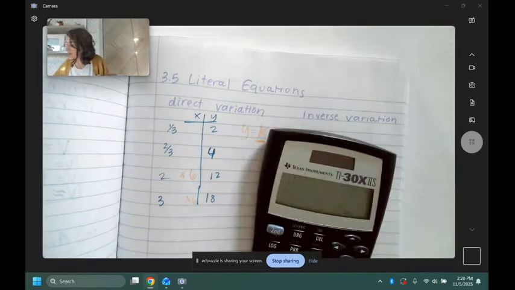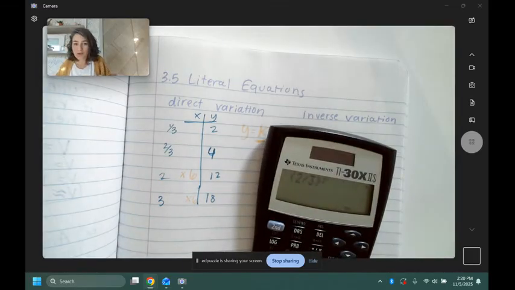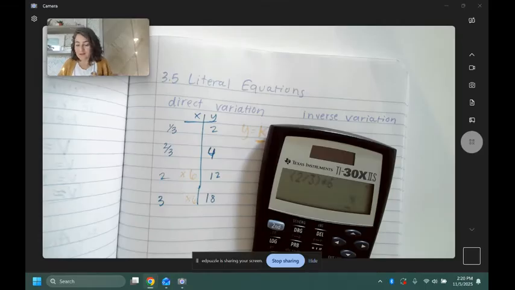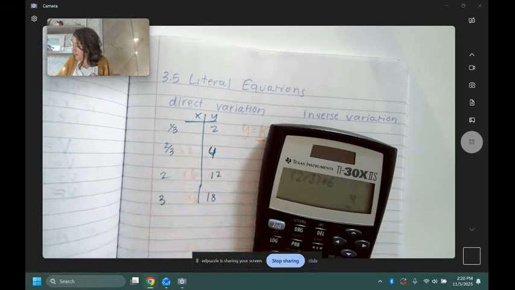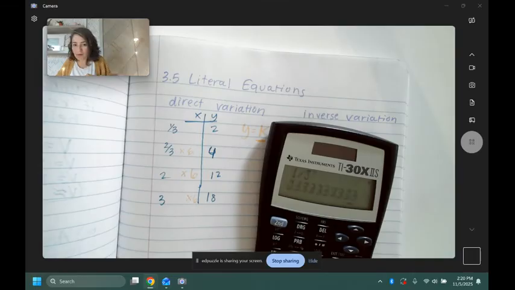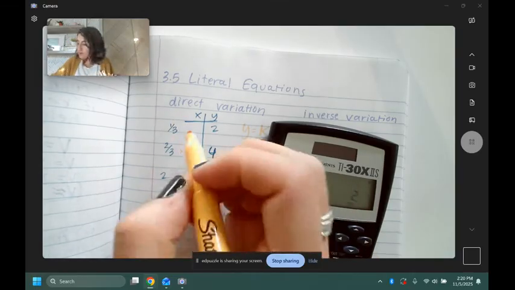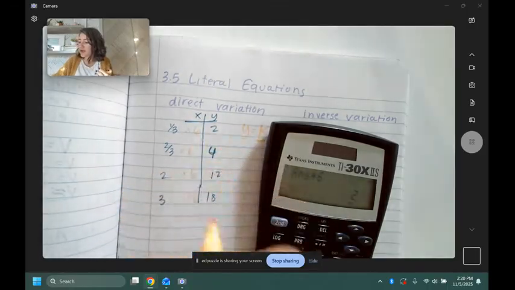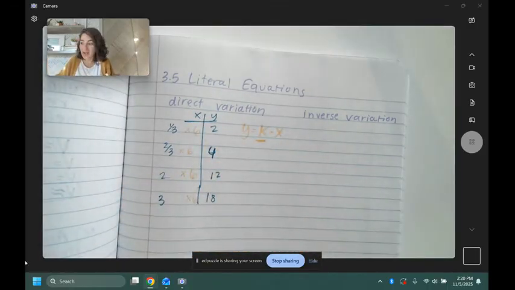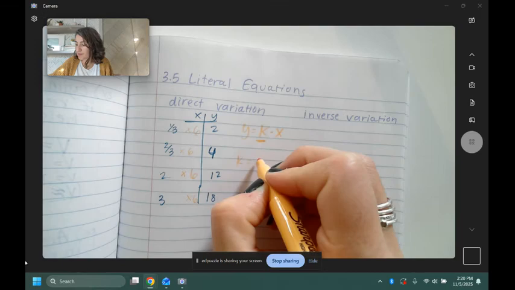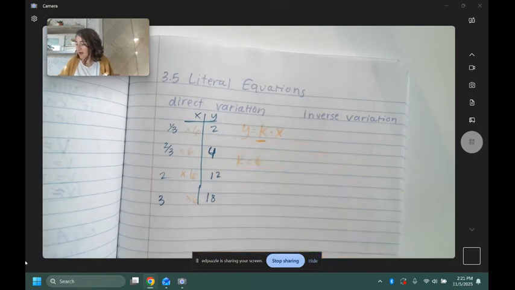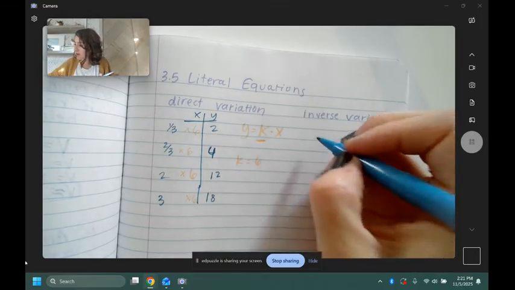Let's take a look at these fractions. 2/3 times 6 is 4. 1/3 times 6 is 2. So each of these, the K value, or the amount that they're varying, is 6. Now let's take a look at an inverse variation.